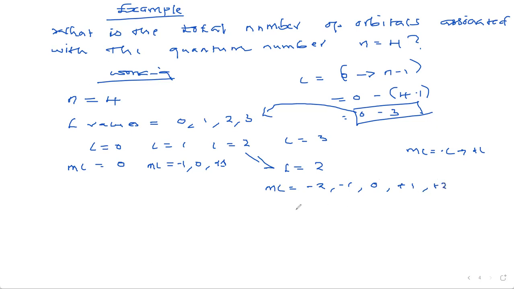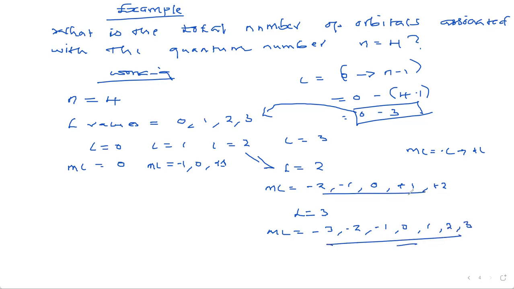And when L is equal to 3, ML now is equal to negative 3, negative 2, negative 1, 0, 1, 2, 3, in that order. So these are the ML values we have.